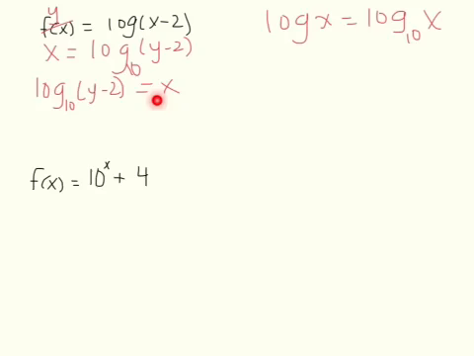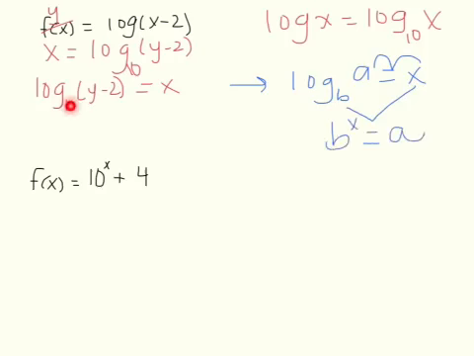That's because now I want to get y by itself, and the only way I can do that is by changing it to exponential form. Remember, log base argument equals x, and we change to exponential form by b to the x equals a. So 10 to the x equals y minus 2.